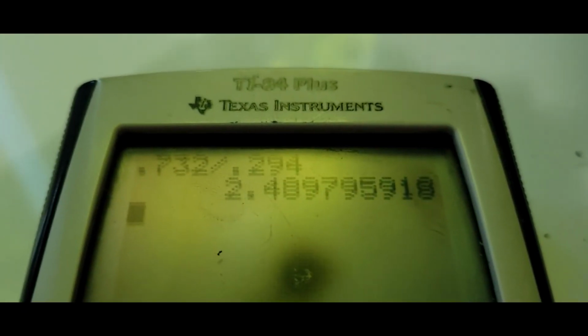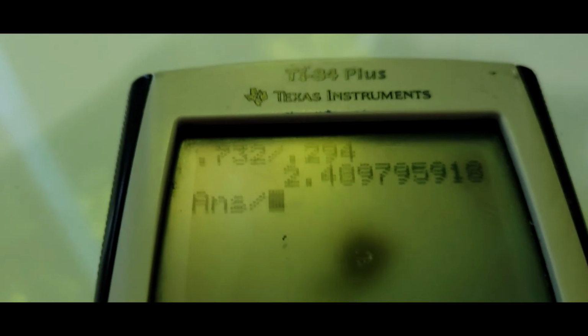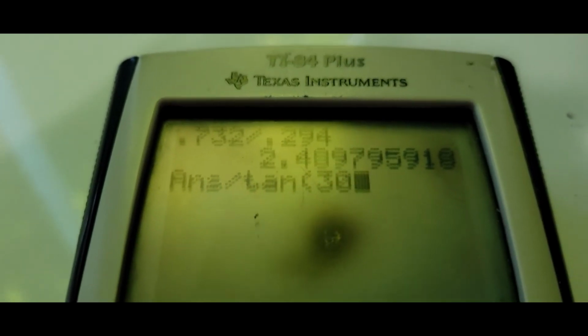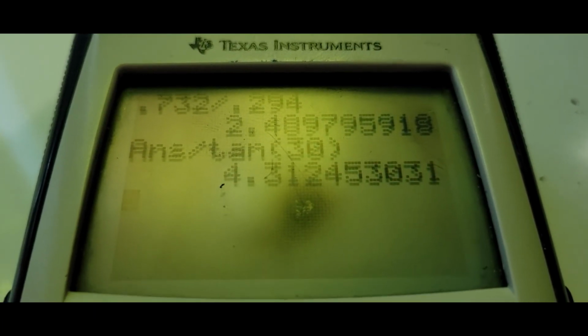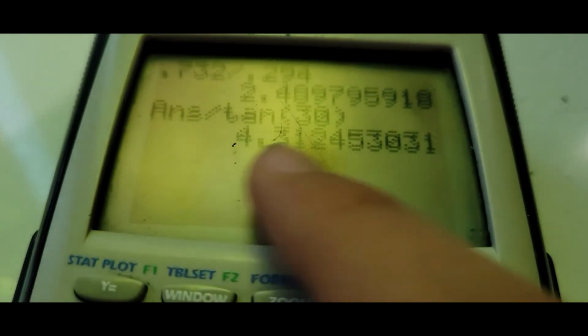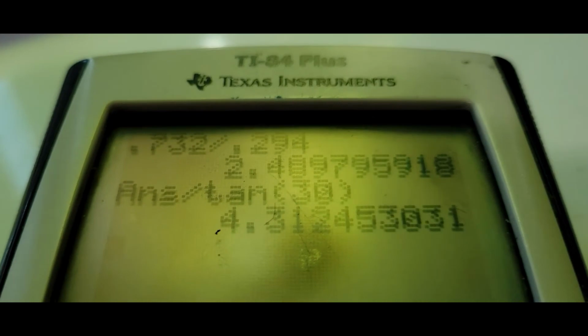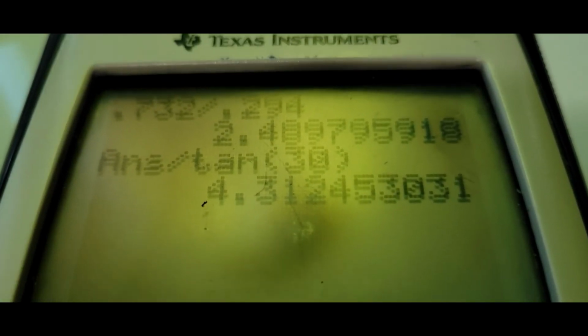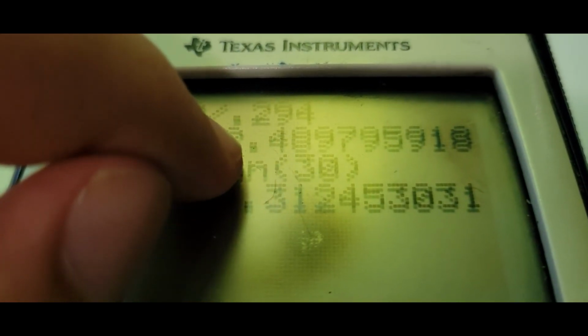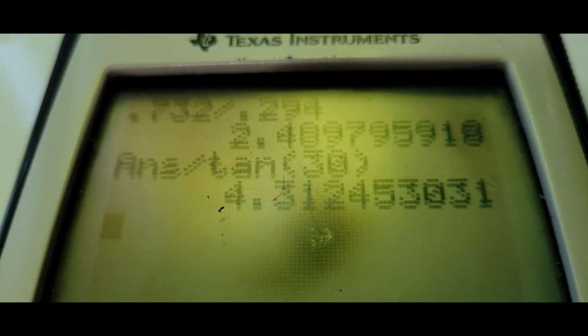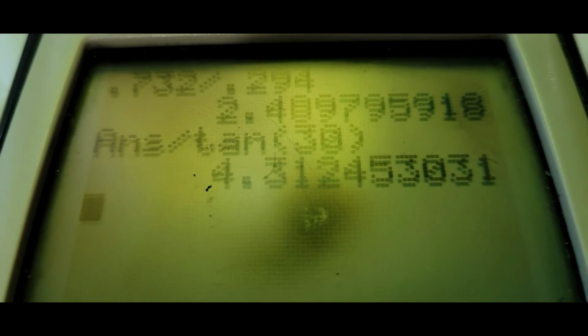So we divide sy by the tangent of 30 degrees, and this is going to be 4.31, which is going to be our horizontal distance. So just to recall, we have approximately 2.5 as our vertical distance and approximately 4.3 as our horizontal distance.